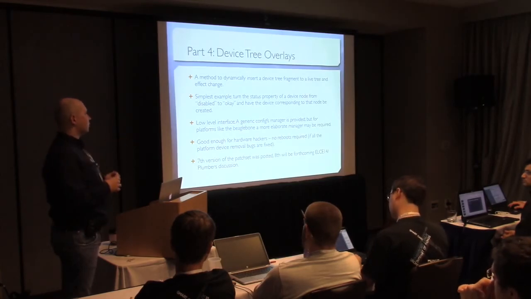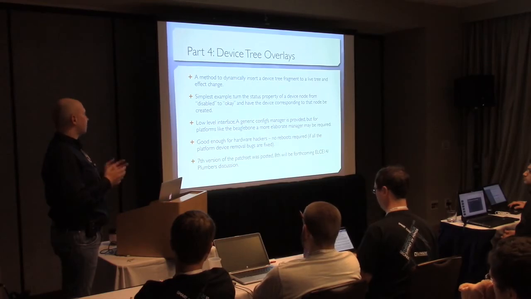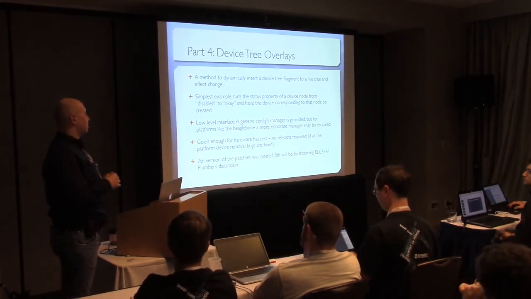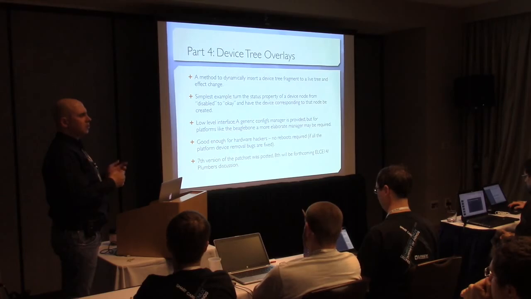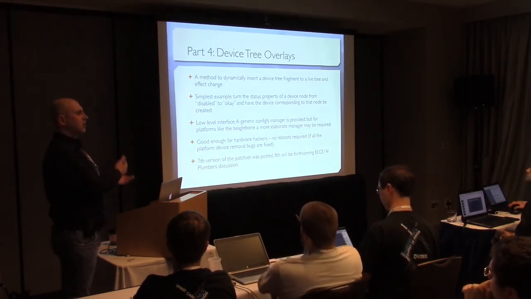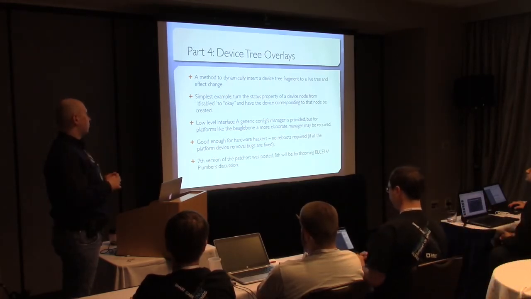We have a user-facing API, a generic configfs-based manager for the BeagleBone and for generic platforms, but usually you shouldn't use that. You should use something that's specific to your platform, because your platform will have a probe method to detect what kind of hardware is detected and apply the correct overlay.